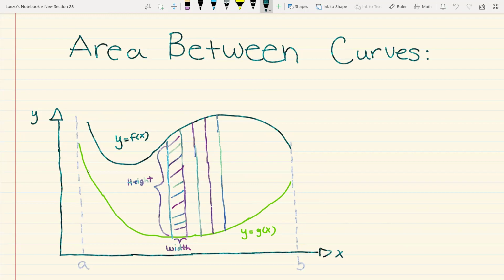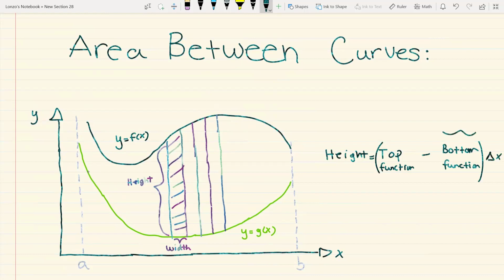Since this is in terms of x, the height would be top minus bottom, right? So the height for this one would be top function minus bottom function. And then the width would just be delta x.